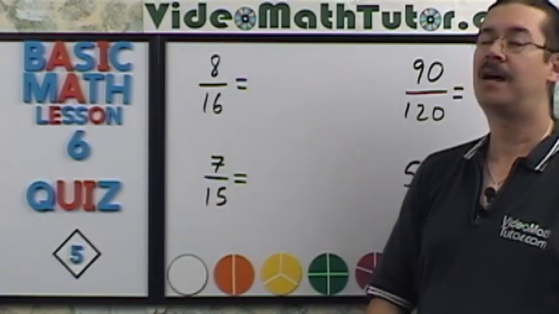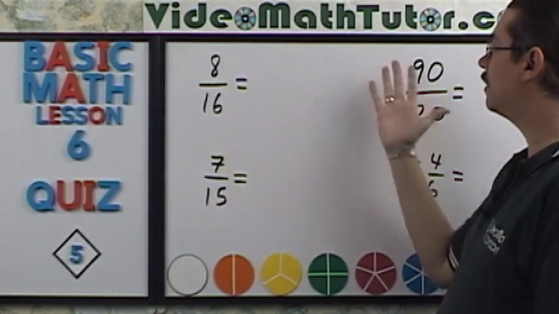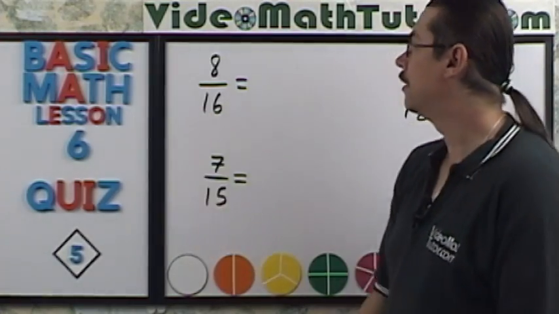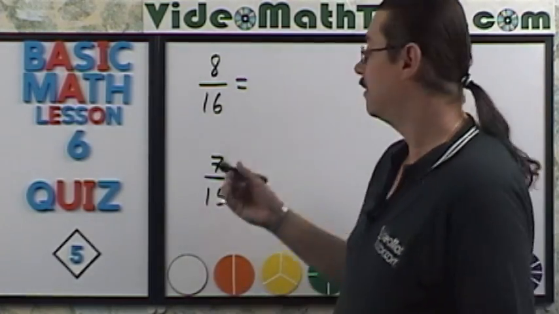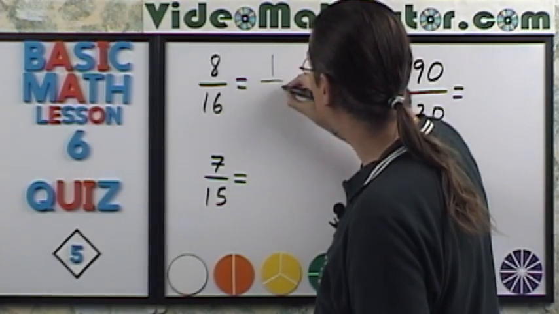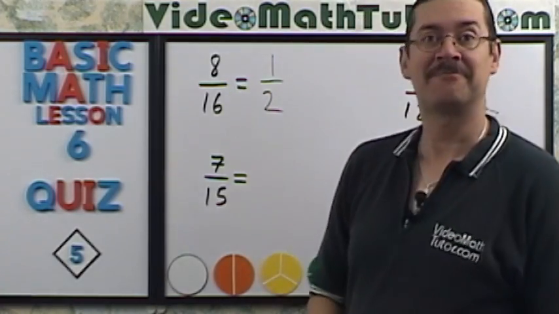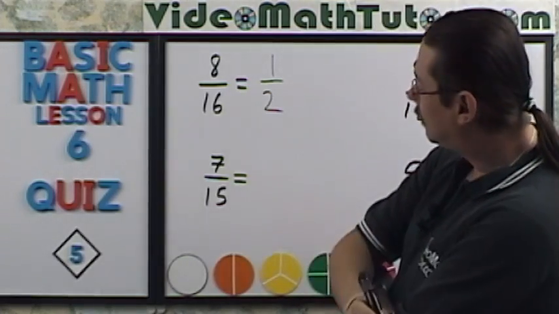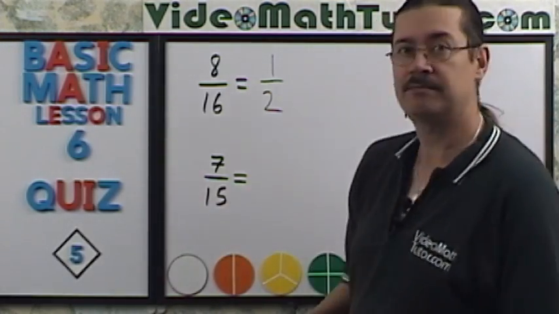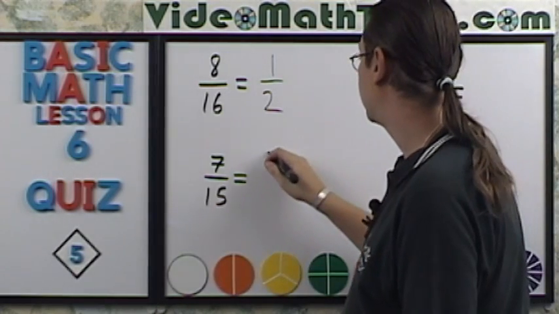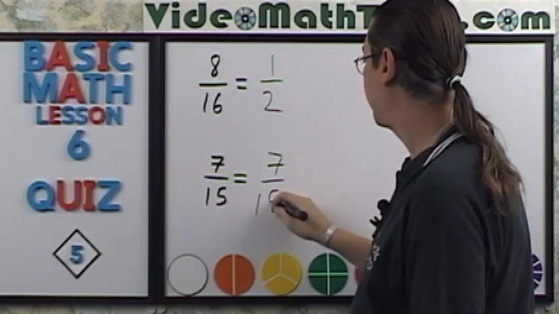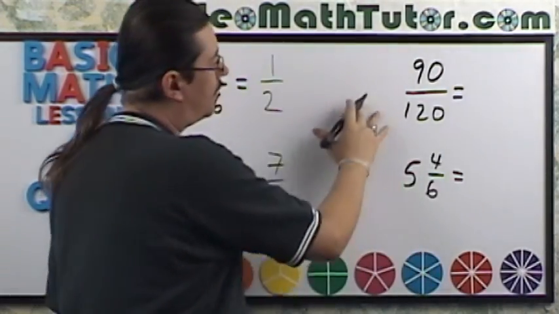For question number 5, I want to reduce or simplify each of these fractions. For the first one here, well, there's an 8 and everything, so 1/2. This one, well, nothing will really reduce it. It's already reduced. It just stays the same. How about this one on top right here?